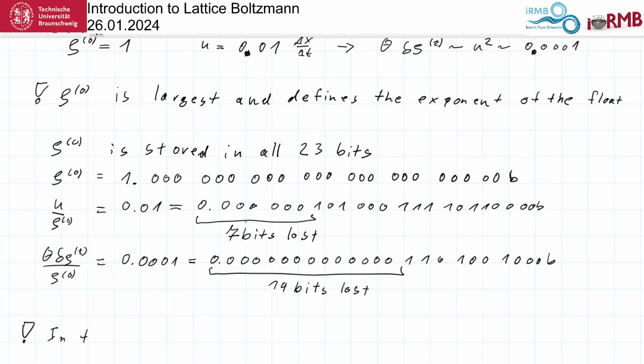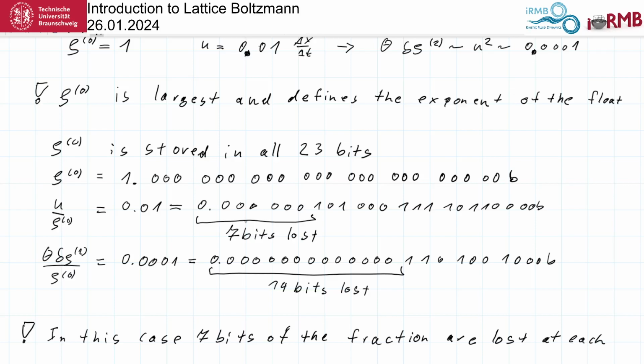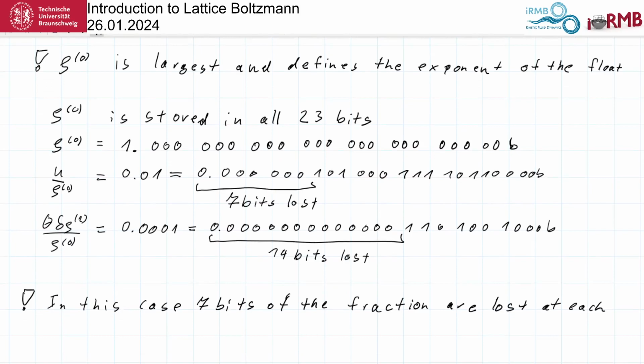So in this case, 7 bits of the fraction are lost at each order. This is of course going on to the next order of epsilon.